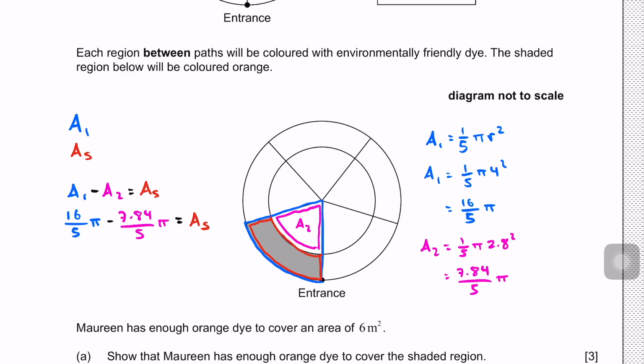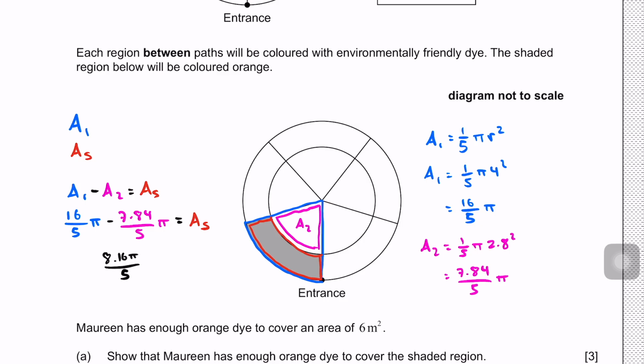Okay, so can we do this? Yeah, I suppose we could. 16 minus 7.84 will give us 8.16. 8.16 pi over 5. That's kind of an awkward way to do it.